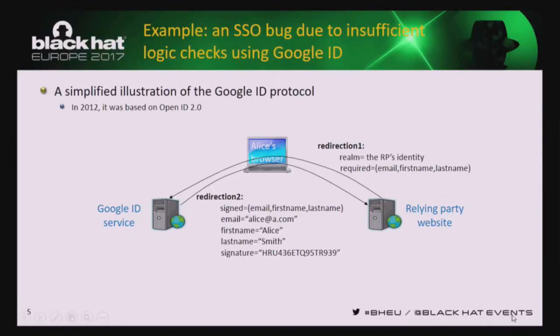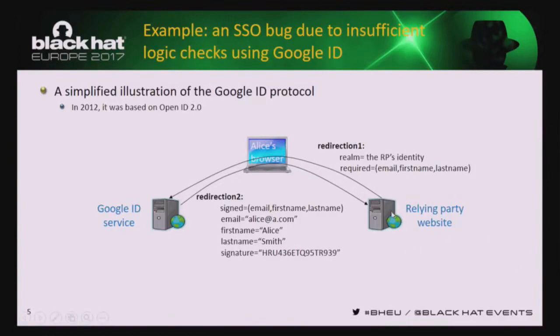So here I give you an example, which is a bug due to insufficient logic checks using Google ID. And this was back in 2012 when Google ID was based on the OpenID 2.0 protocol. The protocol is fairly complicated, but I'm going to explain a highly simplified version of the protocol.